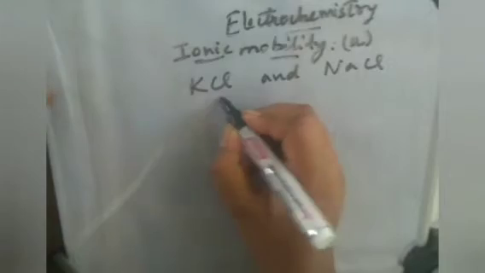So in case of NaCl and KCl, we said KCl has higher molar conductance than NaCl. We'll see why. Here Cl minus is a common ion in both, so the only difference is in the speed of K plus and Na plus ions. Na plus ion is comparatively smaller than K plus ion. For smaller ions like Li plus and Na plus, the speed of the ion, that is the mobility of the ion, is very less.